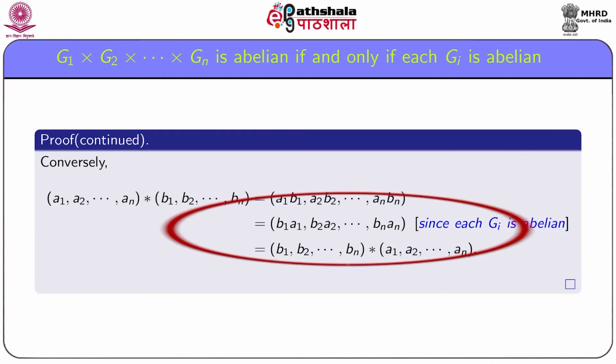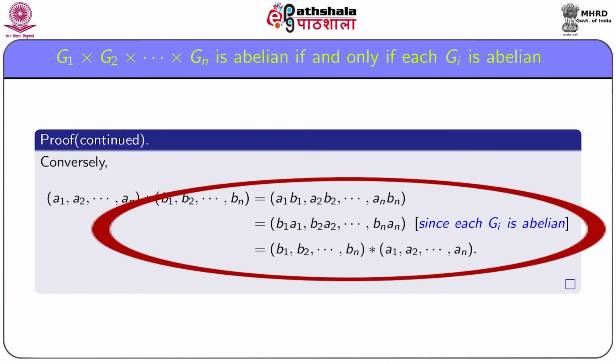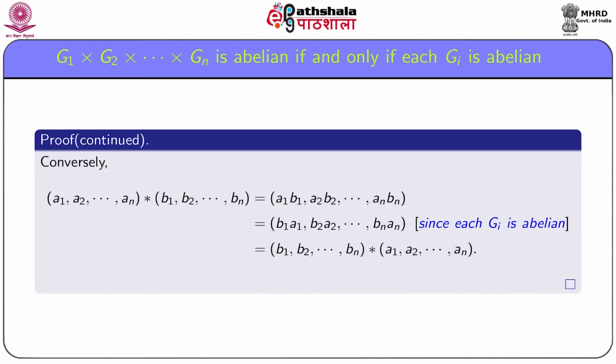Some of them may be product, some of them may be addition, some of them may be star, and so on. But since each Gi is abelian, we can write a1b1 equal to b1a1, a2b2 equal to b2a2, and anbn equal to bnan. So, it is very important that each Gi is abelian, and hence we get (b1, b2, ..., bn)(a1, a2, ..., an). Thus, the Cartesian product becomes a commutative group.